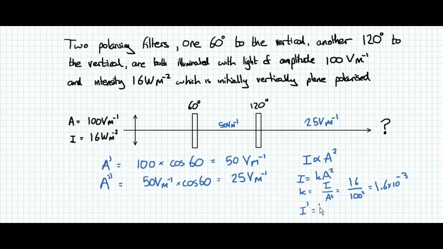So our new intensity will be K multiplied by our new amplitude, after both polarizing filters, squared. 1.6 times 10 to the negative 3 multiplied by 25 squared, which is 625, and that gives us just 1 watt per square meter. So our final amplitude was 25 volts per meter, and our final intensity was 1 watt per square meter.